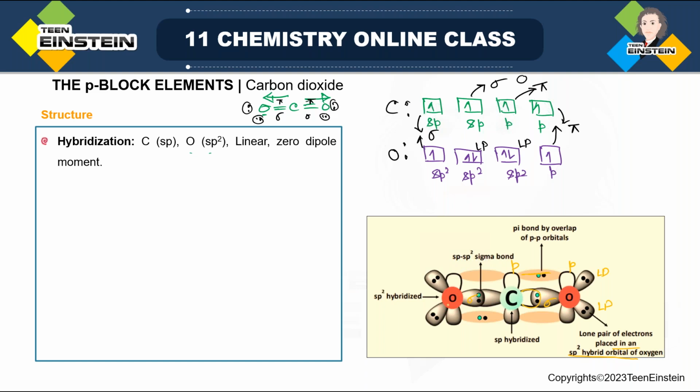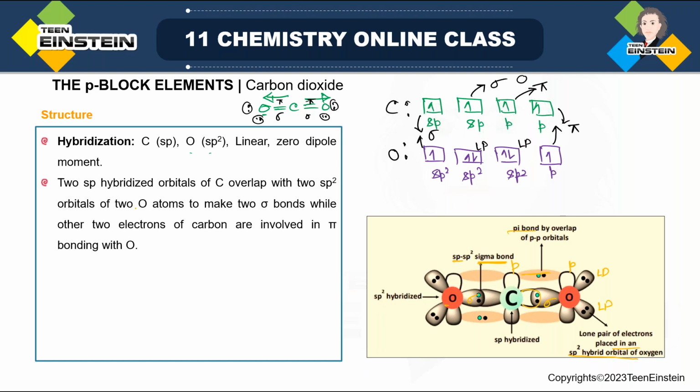The same is true for the other oxygen, because both are in a similar chemical environment. So this sigma bond is formed where sp is coming from carbon, but sp2 is coming from oxygen, so it is an sp-sp2 sigma bond. And a pi bond, whenever a pi bond is there, will always be with pure p orbitals, never with hybrid orbitals.